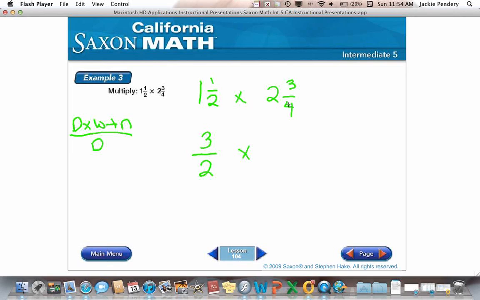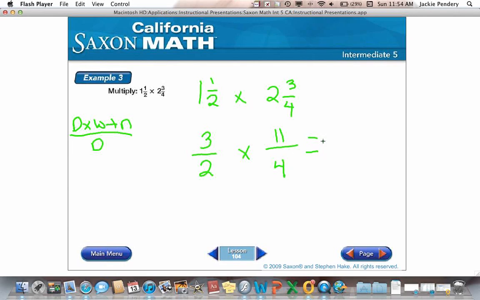We're going to multiply that by 2 3/4, which we again need to turn into an improper fraction. So denominator times whole number plus the numerator, over the denominator. Denominator 4 times the whole number 2 equals 8. 8 plus the numerator of 3 equals 11 over the denominator of 4. And now we have two improper fractions that we can multiply.